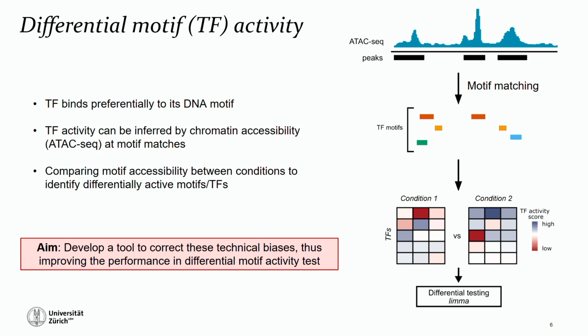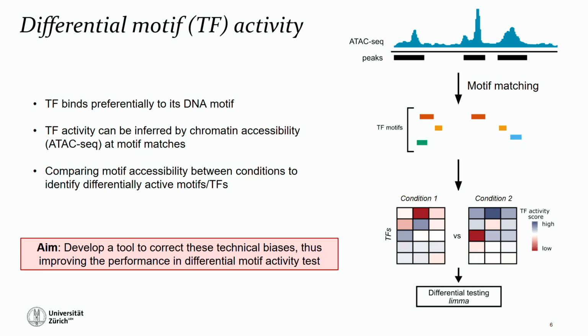As I already introduced, with ATAC-seq we can measure peak accessibility. Then with motif matching, we can know which transcription factor motifs are in which peaks. Therefore, we can construct an activity matrix for the transcription factors or their motifs by, for example, counting the fragments of peaks containing a certain motif.